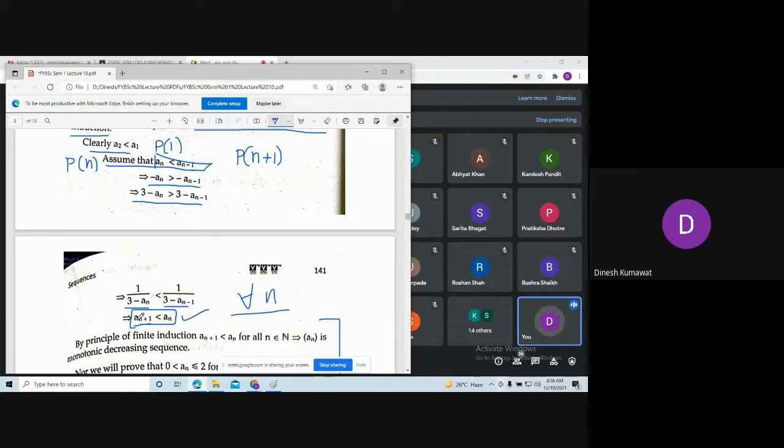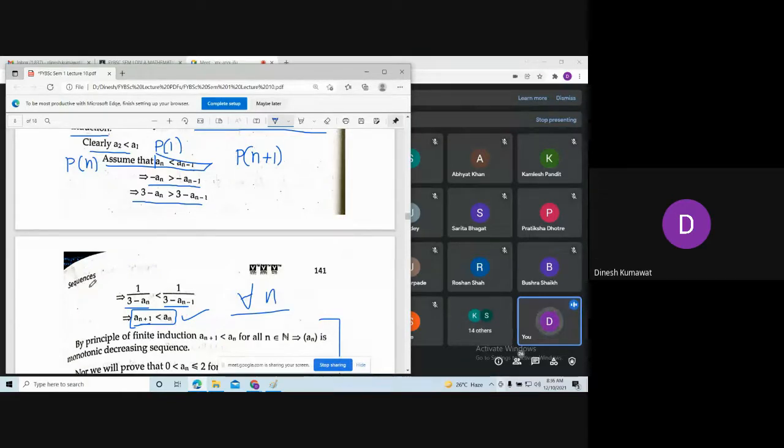Okay, so here we have shown that an is, see here, whenever I have strict inequality, then we say this is a strictly monotonically decreasing sequence. But it doesn't matter. Strictly monotonically decreasing sequence is quite a weaker statement than saying monotonically decreasing sequence, because here we are not taking equality.